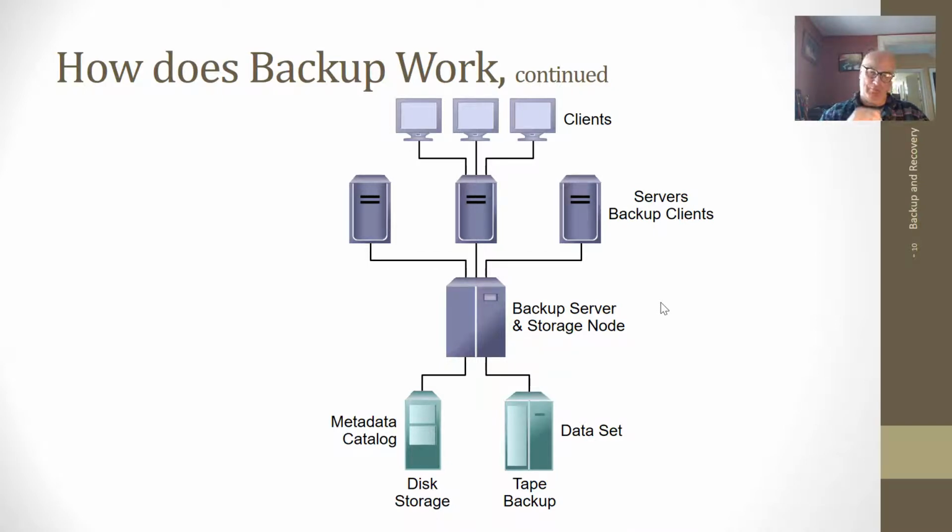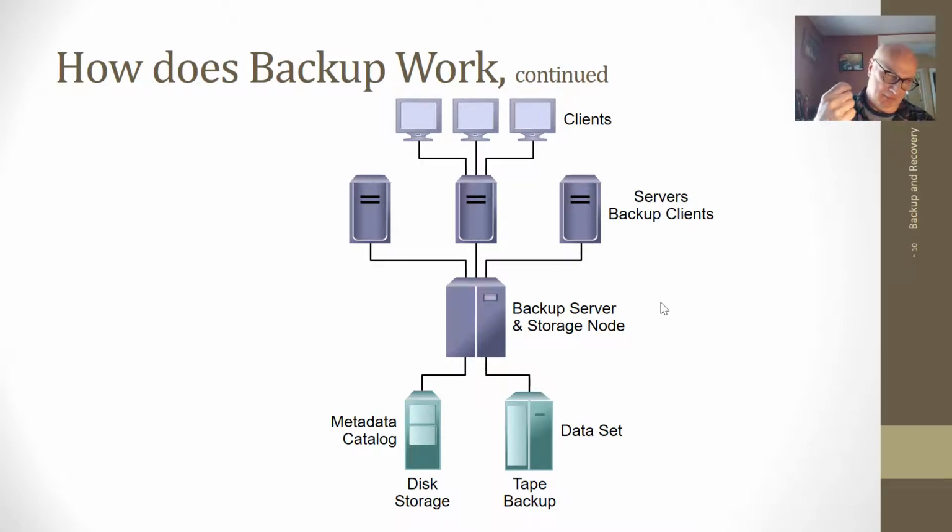Now the important part in this drawing is that we've got our tape backup machine, but next door to that, we've got our metadata catalog. And that metadata catalog is data about the data about backups.